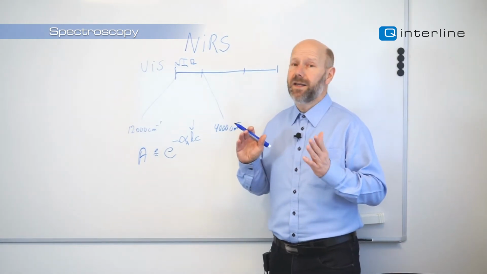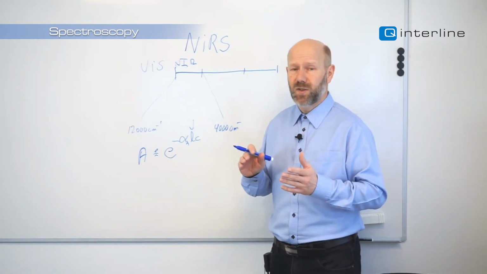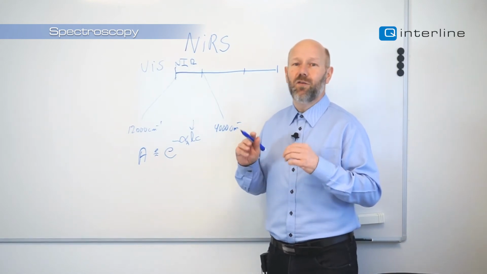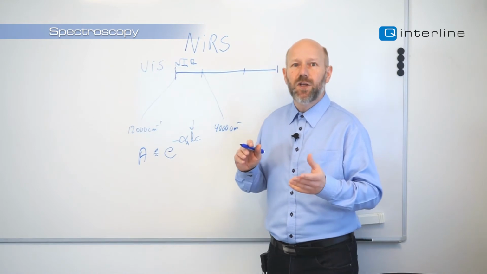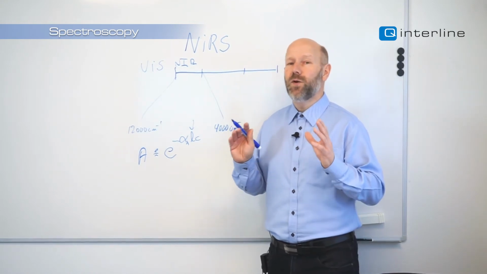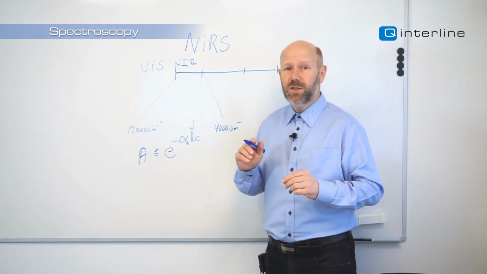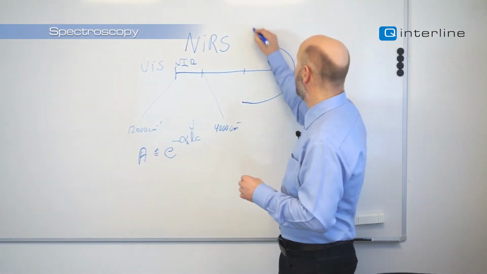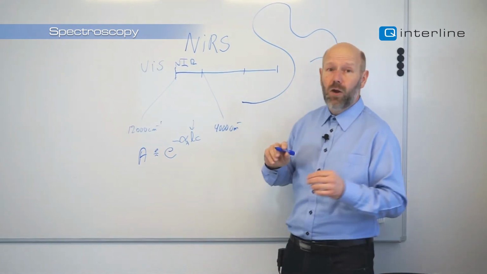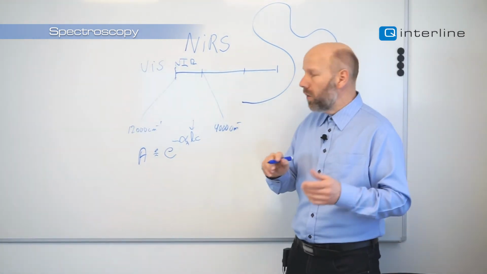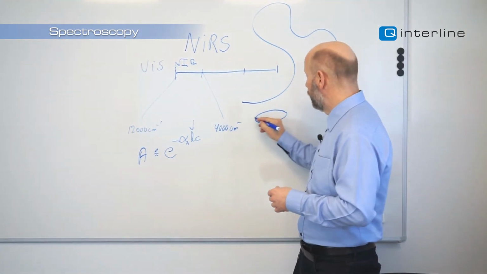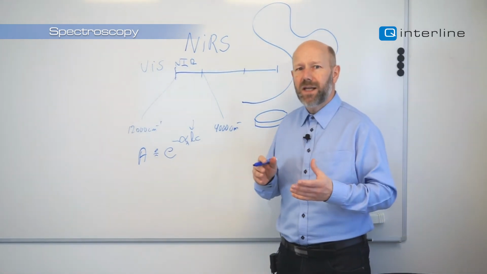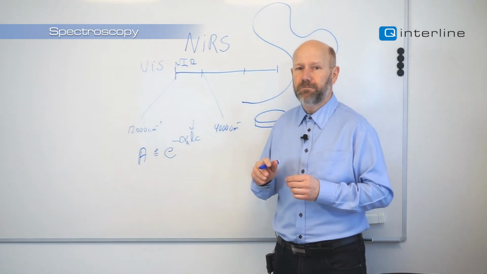A real salt like potassium chloride could be a window, but that's not so practical because they are soluble in water. So NIR can work with normal glass. That means we can create optical fibers and take the light in an optical fiber a long way in the process, or we can simply work with glass petri dishes. These are some of the practical aspects of NIR.